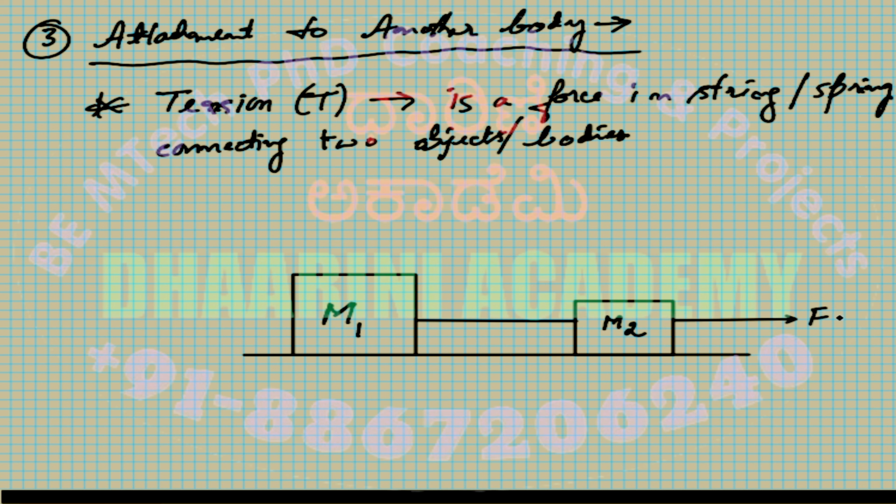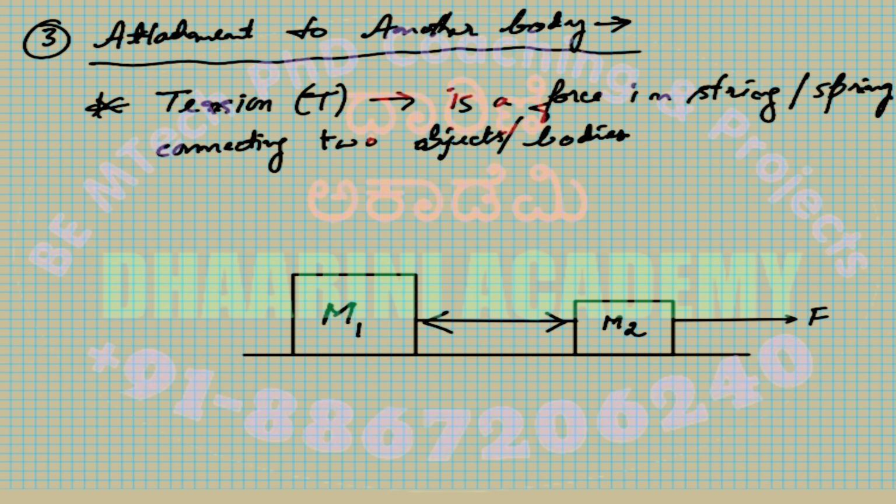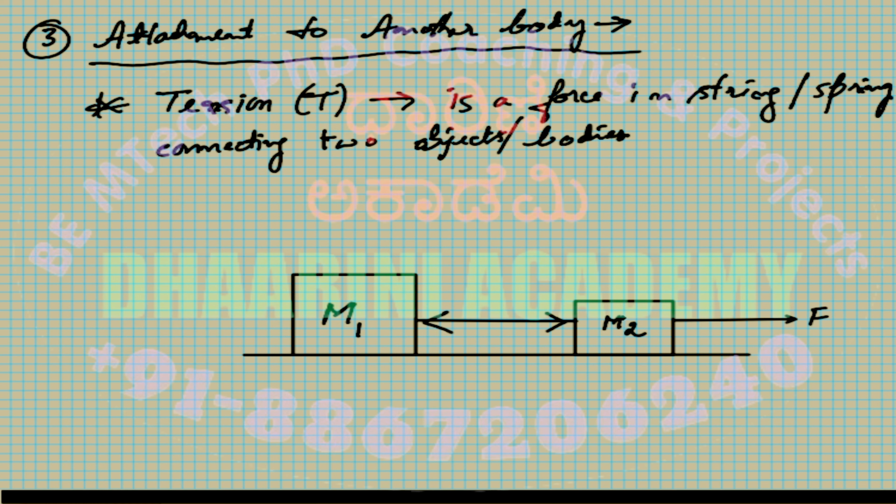Say there is a force F. So you see that the mass m2 is going to pull the m1 to this side, so it brings up a tension over there. At the same time, m1 will pull the m2, right, with the same amount of force. So that is the tension over here. Overall, that force represents the tension.